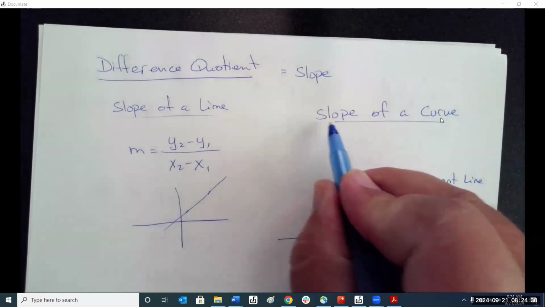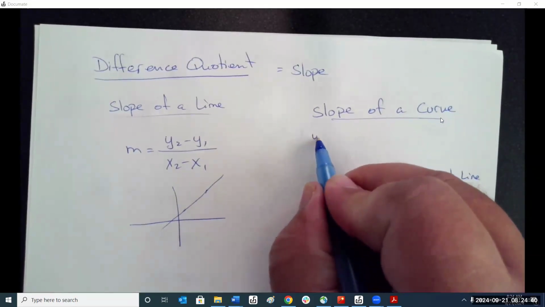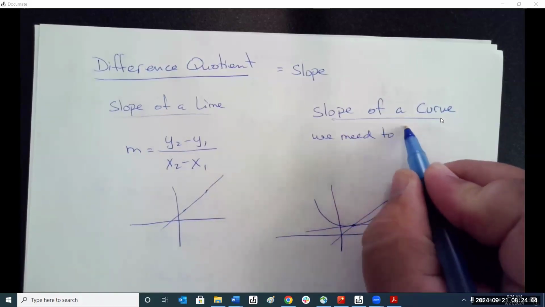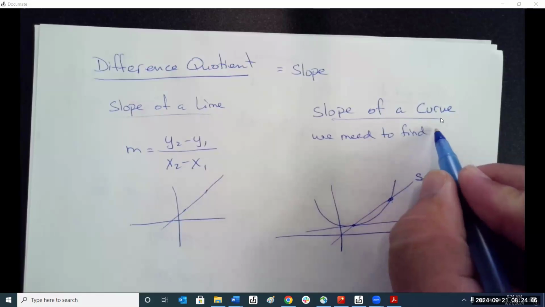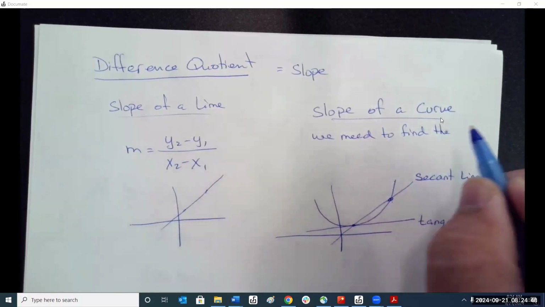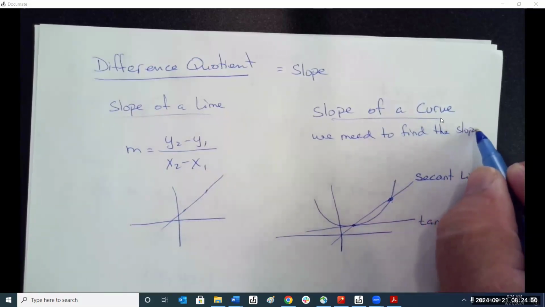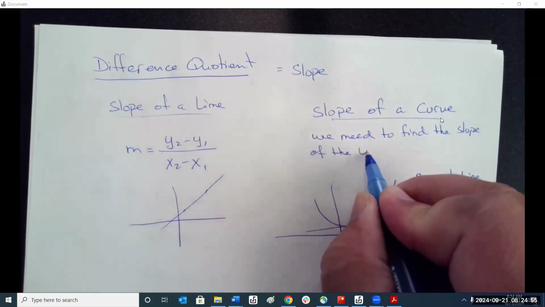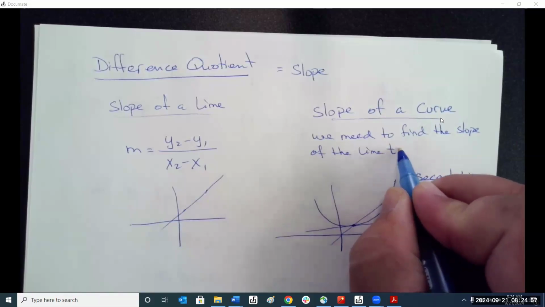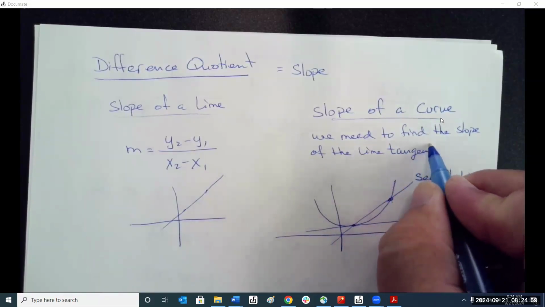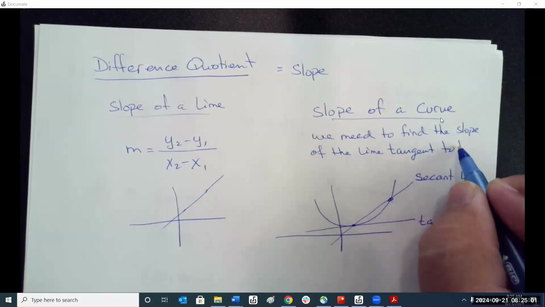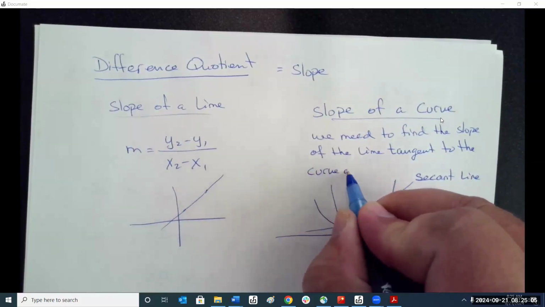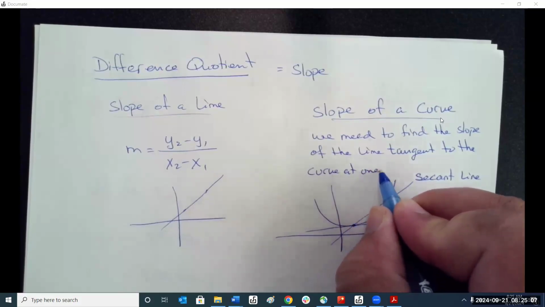So to find the slope of a curve, we need to find the slope of the line tangent to the curve at one point.